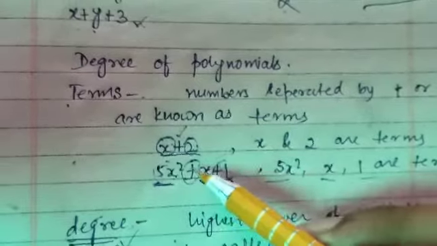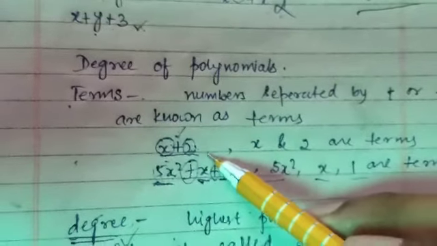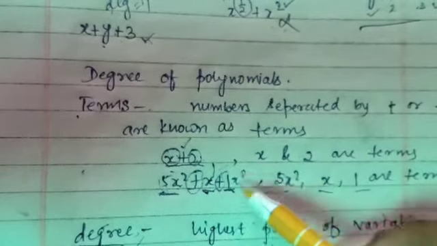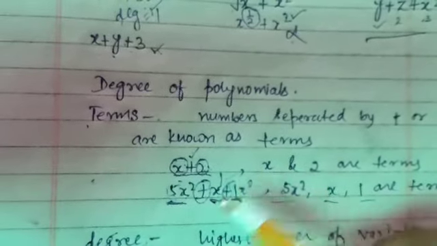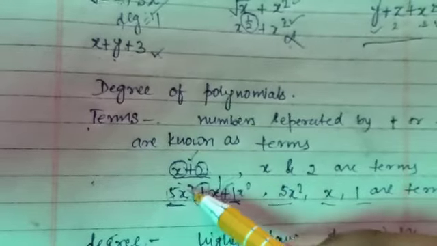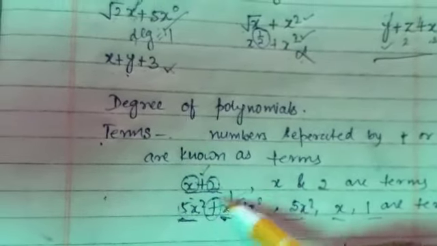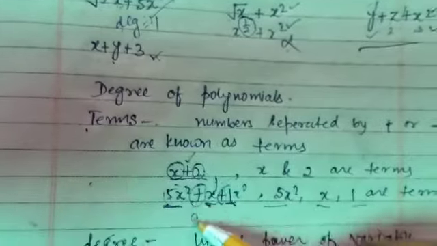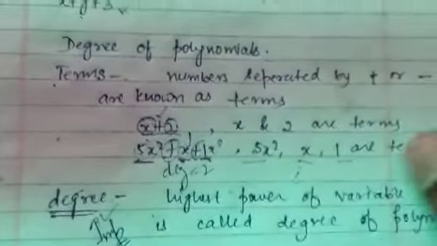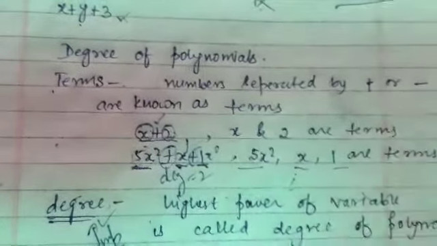Here the power is 1, there is no x, leave it, you can write x power 0, no matter, because this is 0 already, lesser than 1. So this is 1 and the power of this term is 2, so what is the highest? This 2, so the degree will be 2. Right, so this is the thing that we had to discuss.